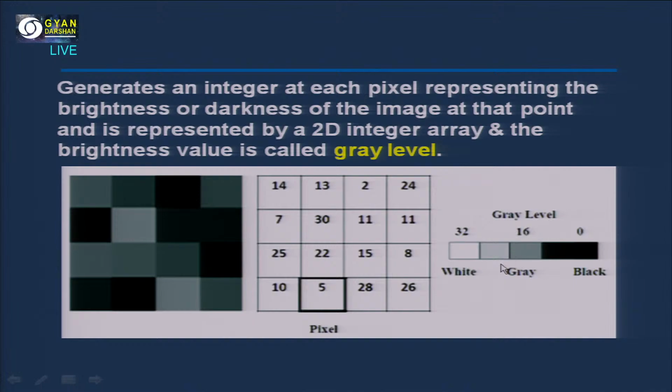So here the range of values, which is also known as the quantization level, ranges for this data from 0 to 32, where 0 represents the darkest or the black color, and 32 represents the brightest or the maximum pixel value.